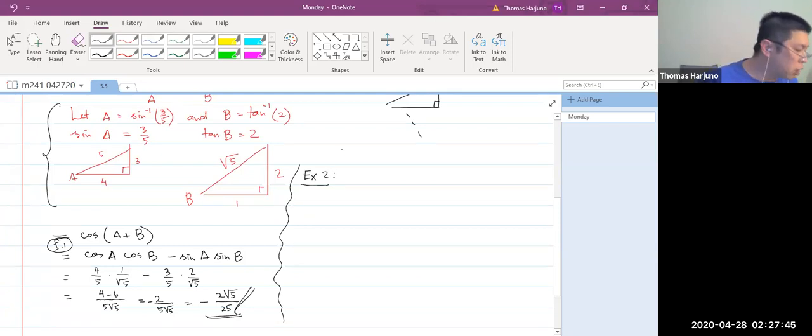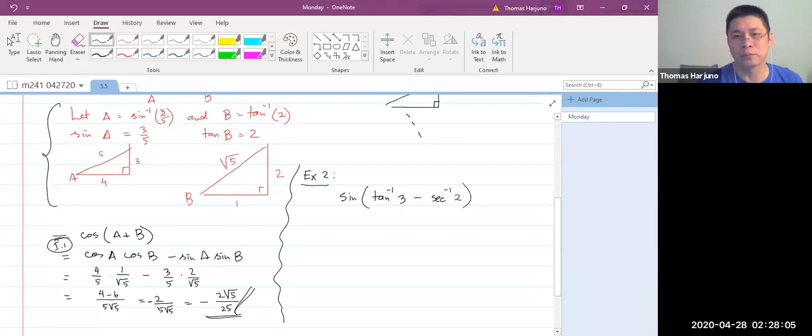So let's try, for example, I make the question: sine of tangent inverse 3 minus secant inverse 2. Okay, let me give you 5 minutes to have a good feeling on this.